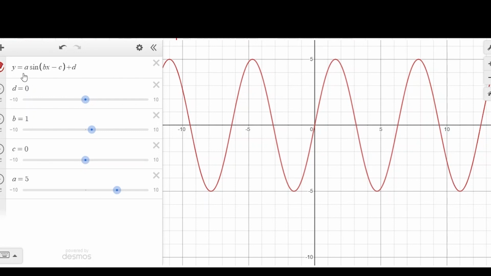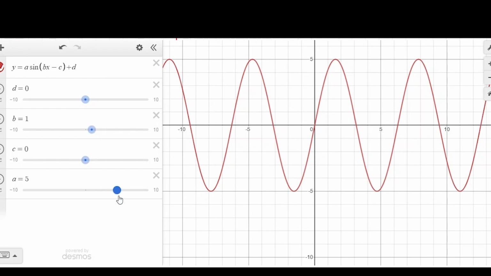So just try to recognize this value. This is transformation of the graph of sin x, that with change in value of this number, it stretches the graph along y-axis, and change in stretch along y-axis becomes amplitude of the graph.